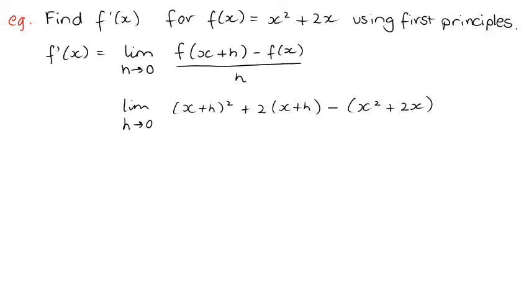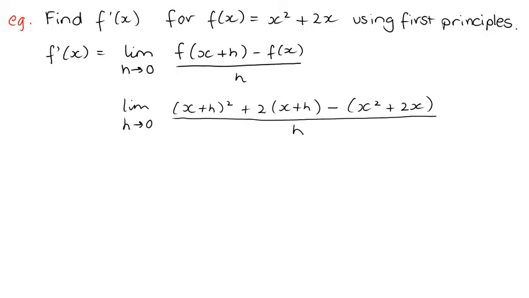Make sure you put it in brackets because that negative is going to influence both of those terms. All over h. This is minus f of x, and f of x is x squared plus 2x.